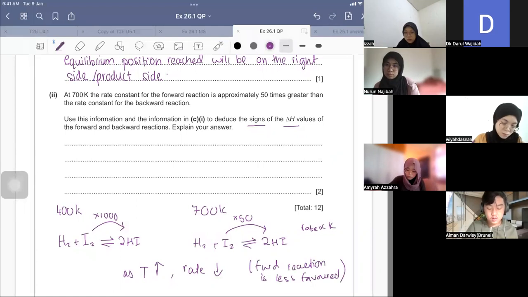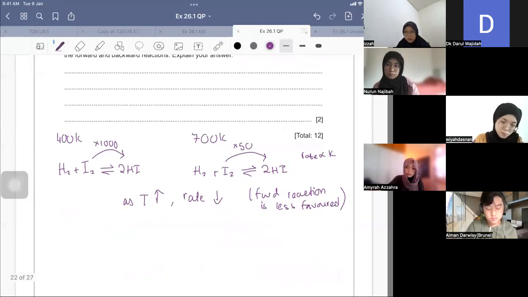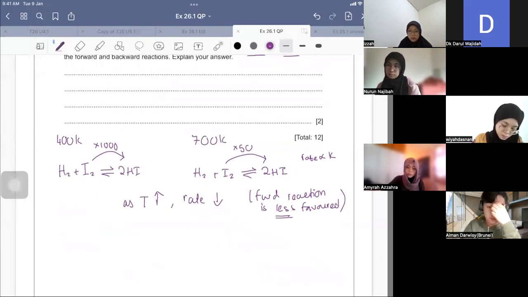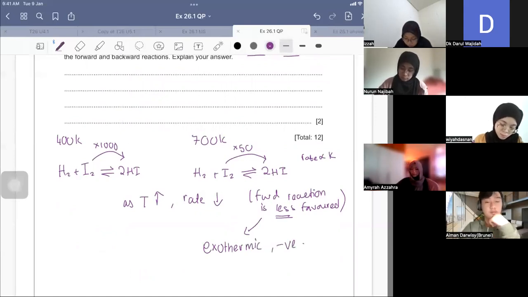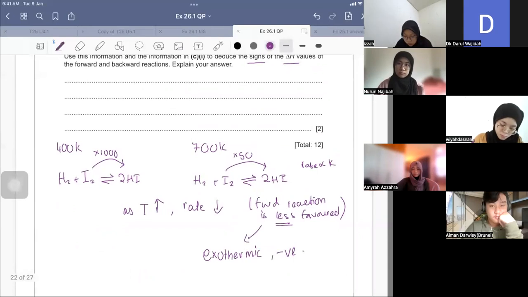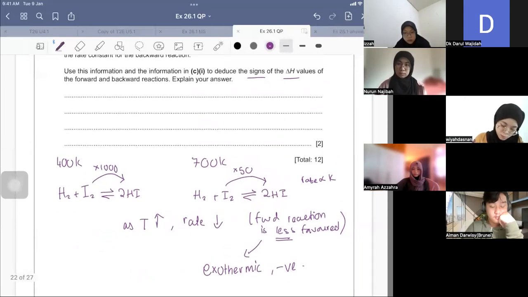So that means if the forward reaction is less favored, the forward reaction would be exothermic, which is negative. Do you agree? Yes, good. So that means the delta H, usually the delta H is for the forward reaction, would be negative.